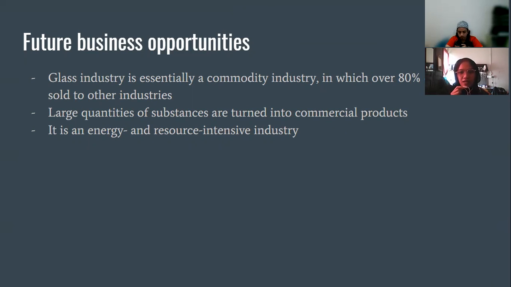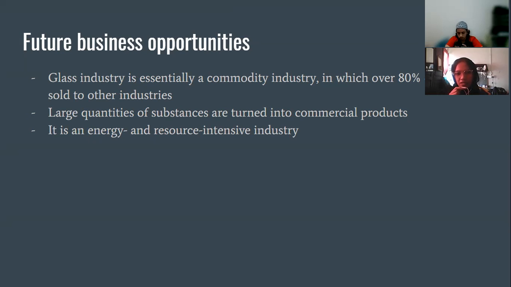Container glass, the largest world glass sector, includes a large variety of products utilized in packaging, foods, beverages, cosmetics, pharmaceuticals, etc. Flat glass, the second largest, includes products utilized in building, transport, and photovoltaic energy. Continuous filament glass and glass wool are used for insulation, roofing, the reinforcement of composite materials, and others.